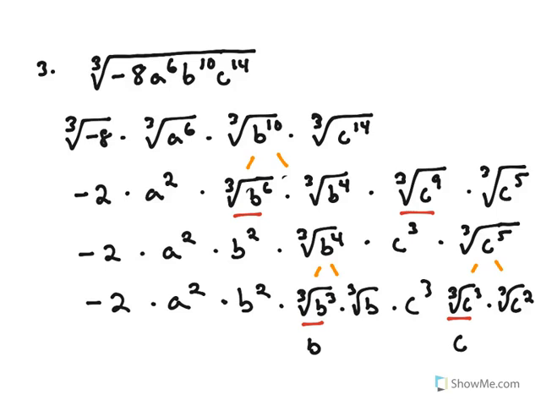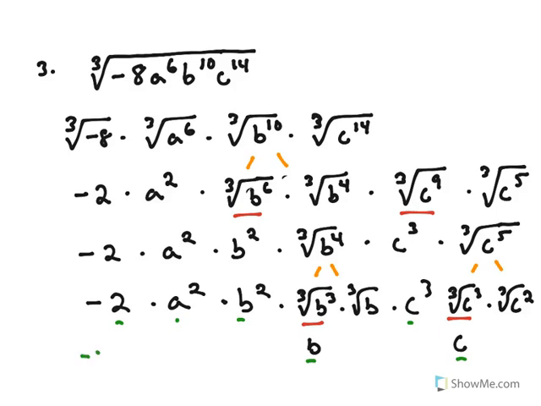Now we're going to multiply everything that is not in the radical, this times this times this times this times this times this. I'll write it in green so we can see it.